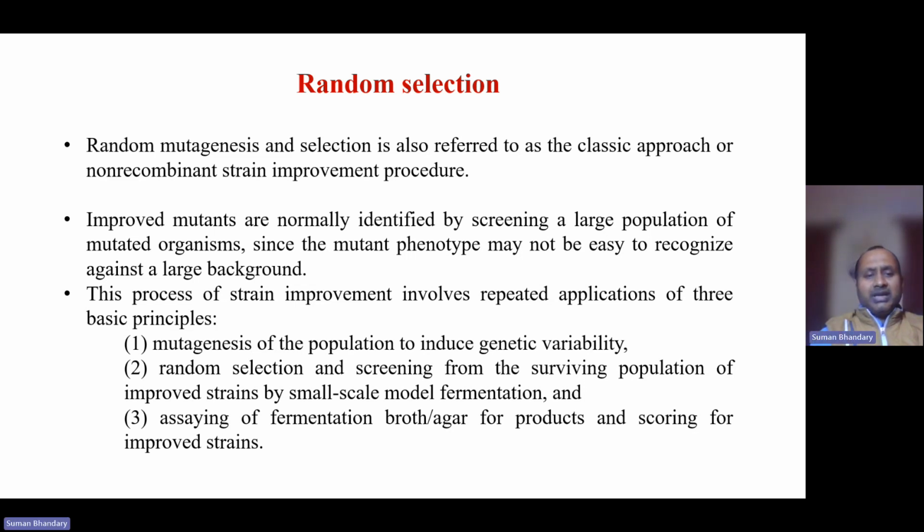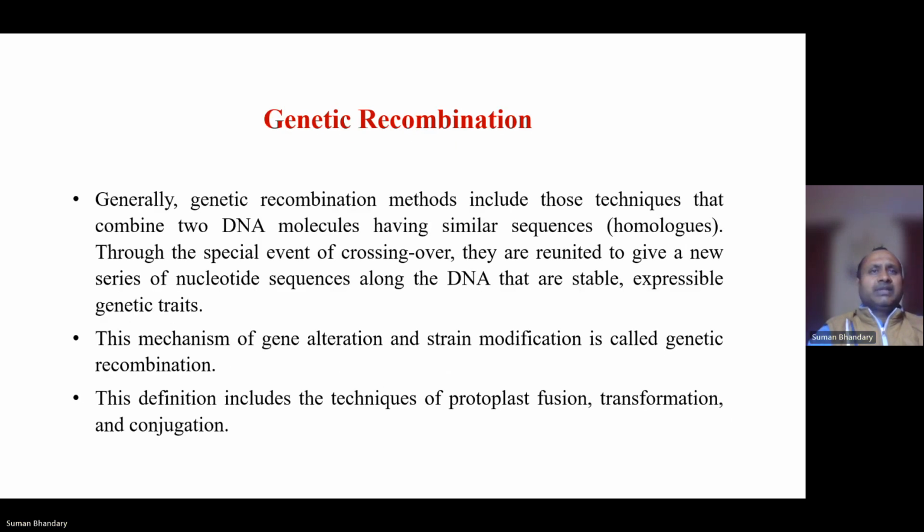So here we can say that the random selection procedure of mutant selection is continued until a strain is derived that is statistically superior in performance to the control strain prior to the mutagenic treatment.